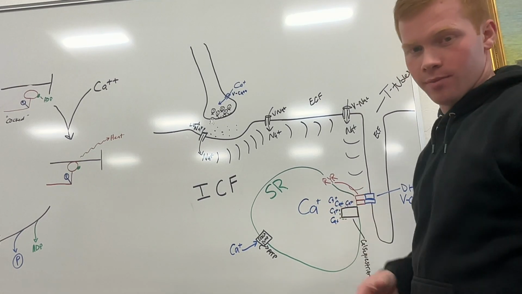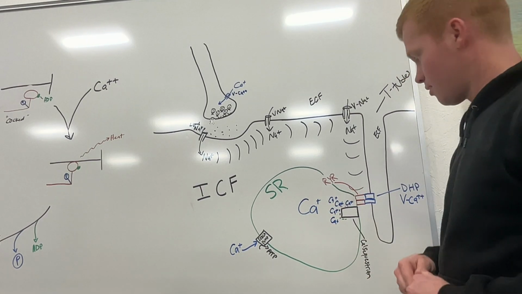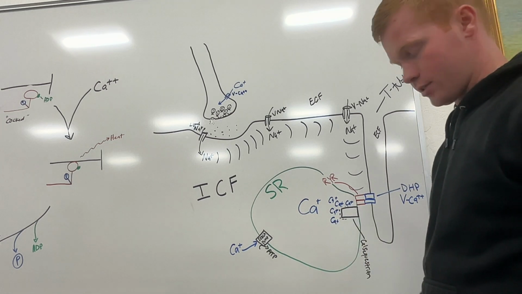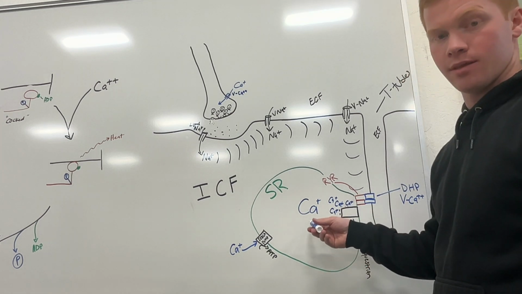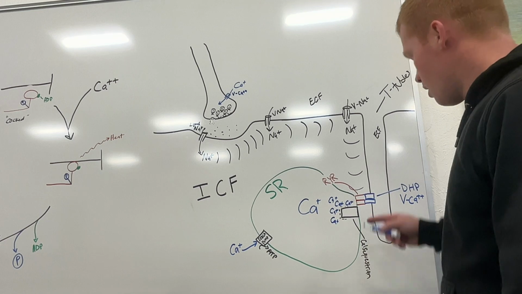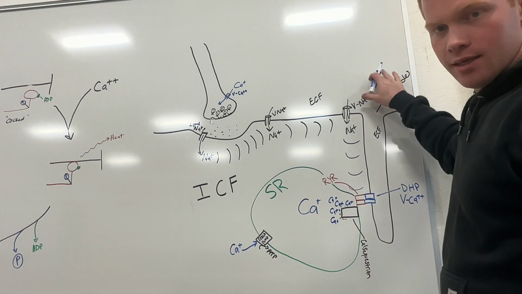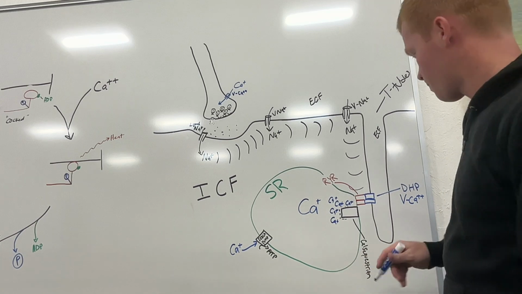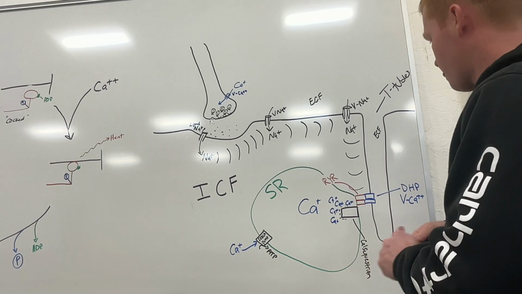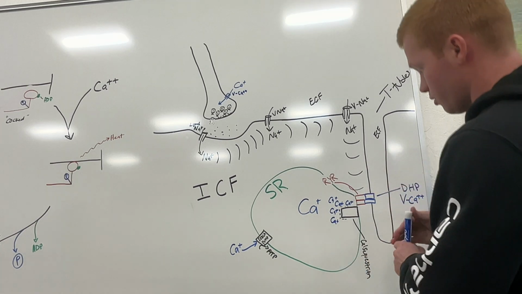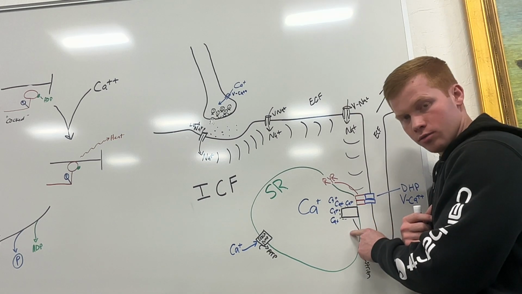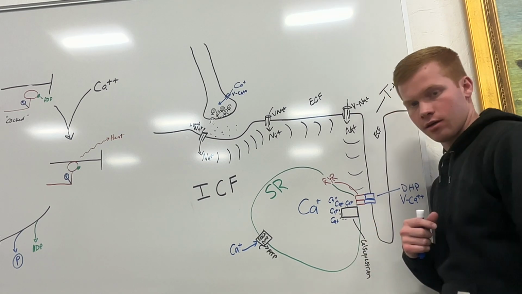Calcium with muscles is essential, and the SR is what holds the calcium in the ICF. We know there's also calcium in the ECF, but skeletal muscle uses the calcium from the ICF. So the reason we have these T-tubules is so that the membrane can be close to the SR.